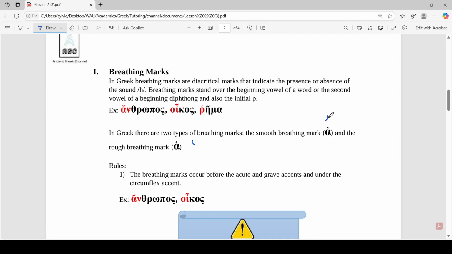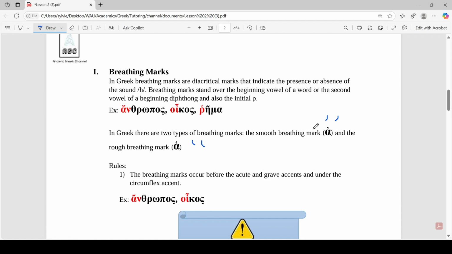As you can see here, I tried to do it with this pencil. Let's do it again. The smooth breathing mark will start from the top and go slightly down to the left. That's the smooth breathing mark. The rough breathing mark will start from the top and go slightly down to the right.